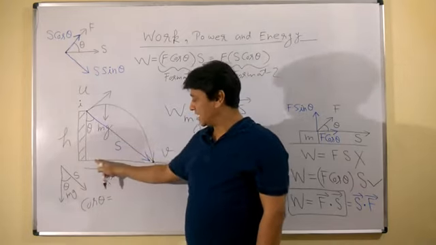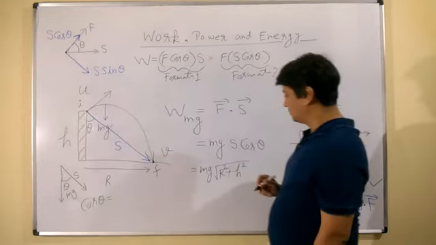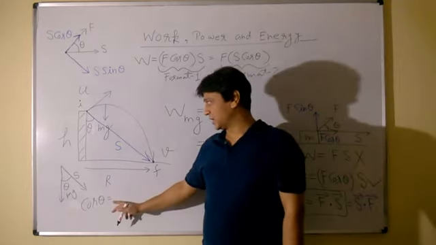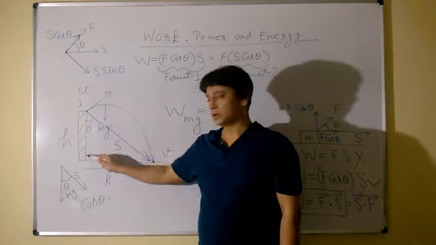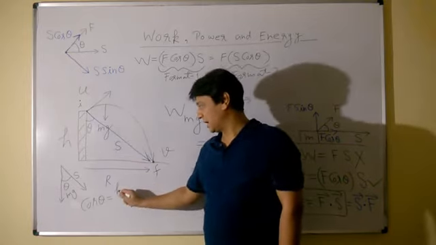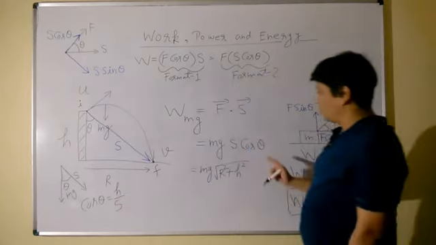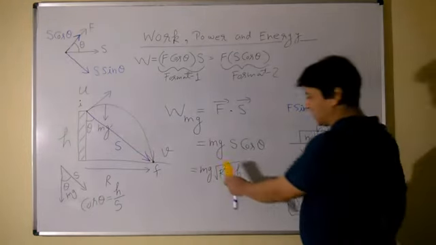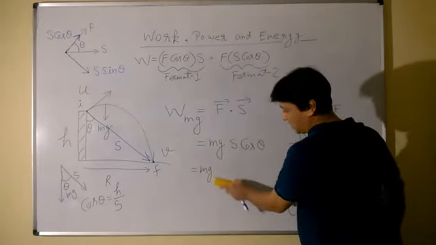Now if you look at this right angle triangle, you can see what is cos theta. Cos theta is base H, hypotenuse is S, H divided by S. To keep it simple, let me remove this root over r square plus s square part.